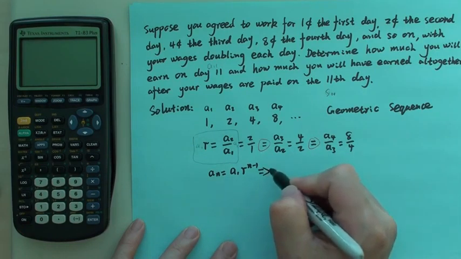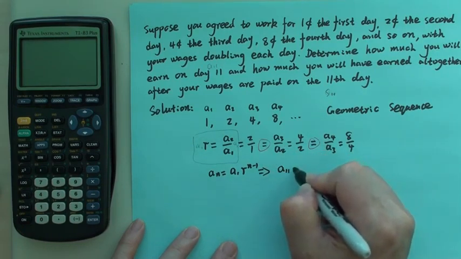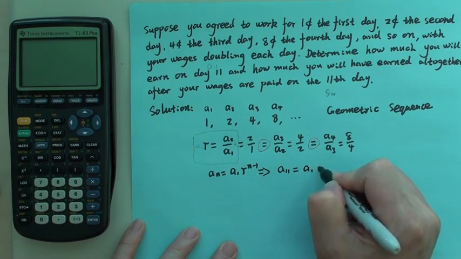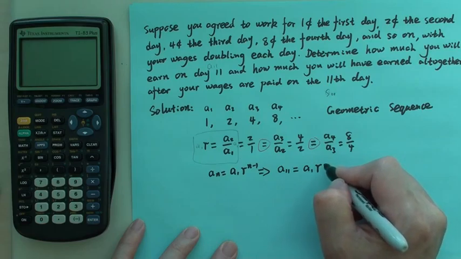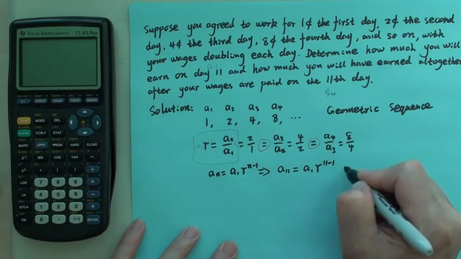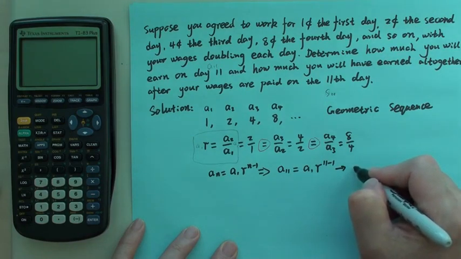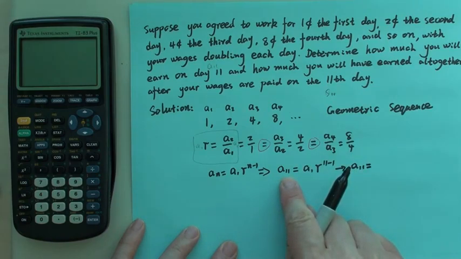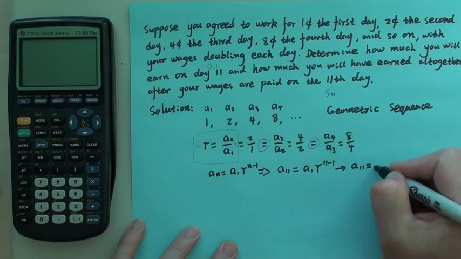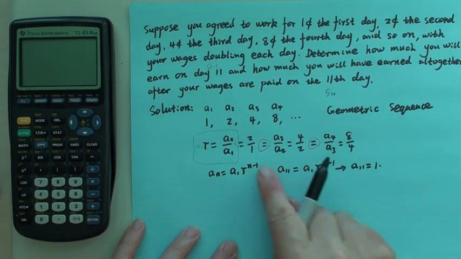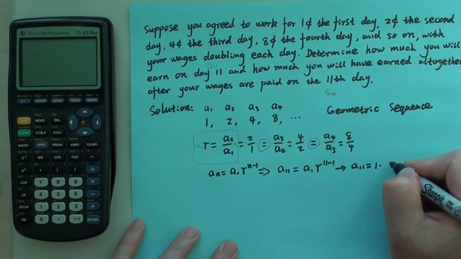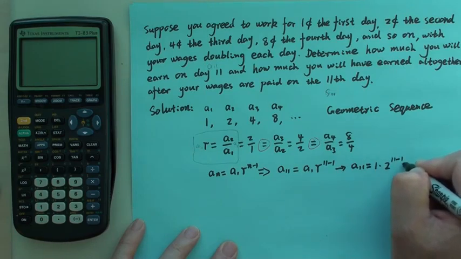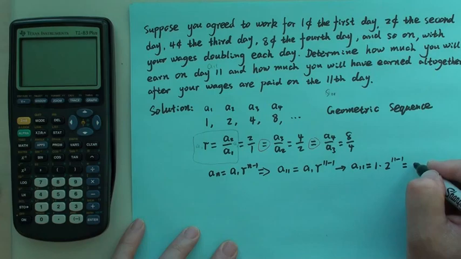This gives A11 equals A1 times r to the 11 minus 1. We know A1 here is 1, and we know r is 2. So 2 to the 11 minus 1, and what we get is 2 to the 10th.